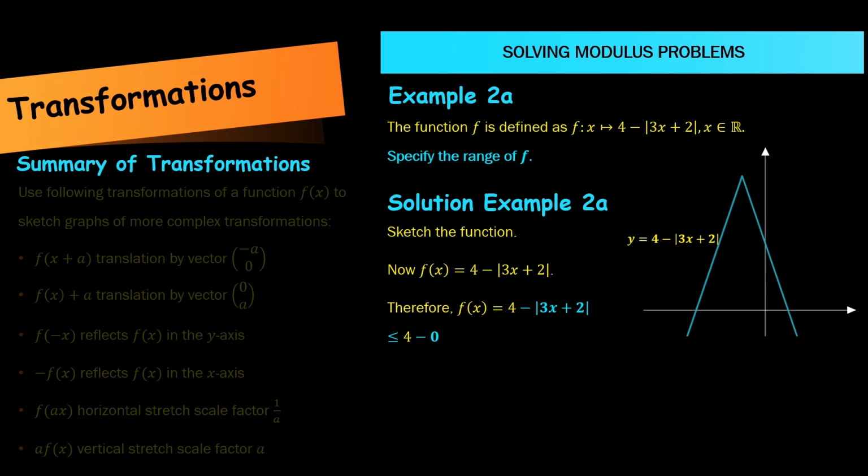Therefore, f of x is less than or equal to 4 minus 0, because mod 3x plus 2, or any modulus function, has a minimum value of 0. And therefore, f of x is less than or equal to 4. Therefore, the range of f is y in the real numbers with y less than or equal to 4.